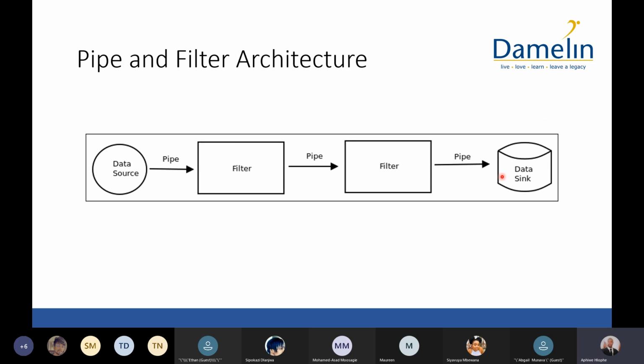And the third architectural pattern that we're going to be talking about today is called the pipe and filter architecture. Now, it's important to understand that we build systems in terms of components, so we break them up into components. And here a component is represented as a filter.